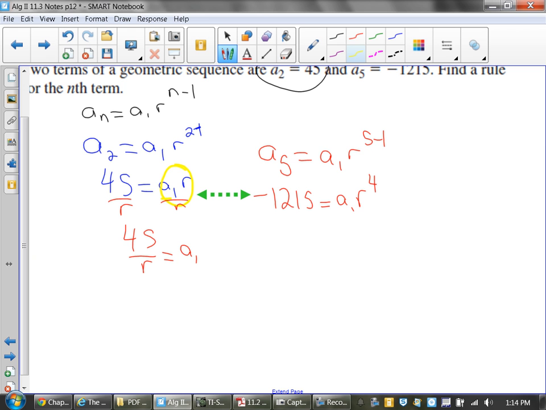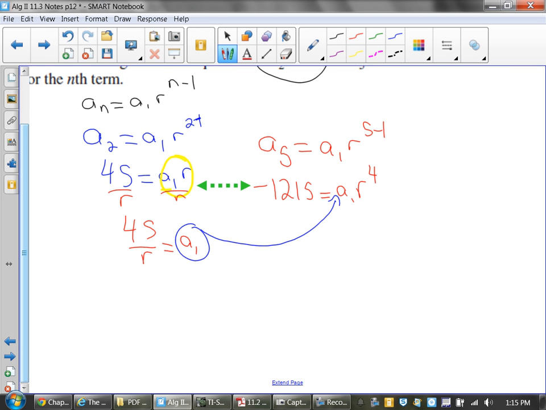You can use that. You're going to substitute that into there. When you substitute back in, you get negative 1215 is 45 r to the fourth over r.